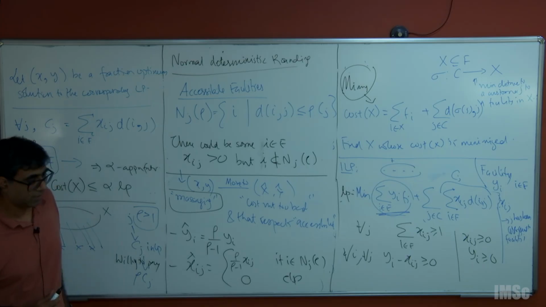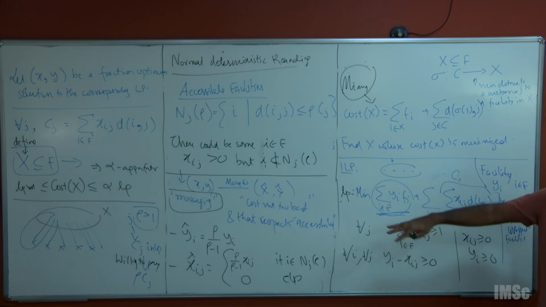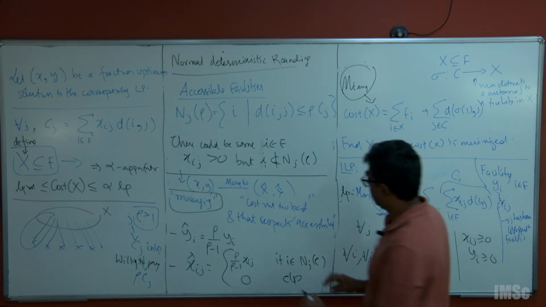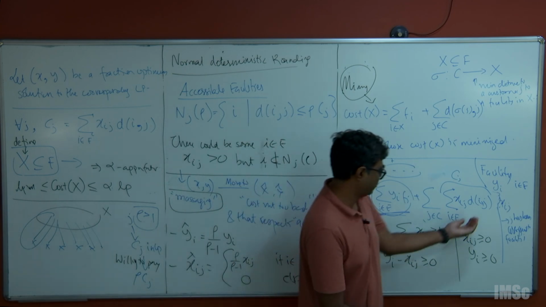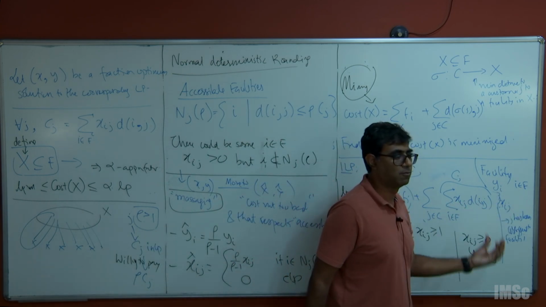Is that fine? But notice, first of all, we have to show that x hat, y hat is a feasible solution to this. That's one thing I must show. And secondly, for the moment, what is the value of the LP? It just increased by a factor rho over rho minus 1. Why? Because everywhere I just multiplied by that factor, so either you contribute 0, no problem, or I have multiplied you by some rho over rho minus 1 factor.